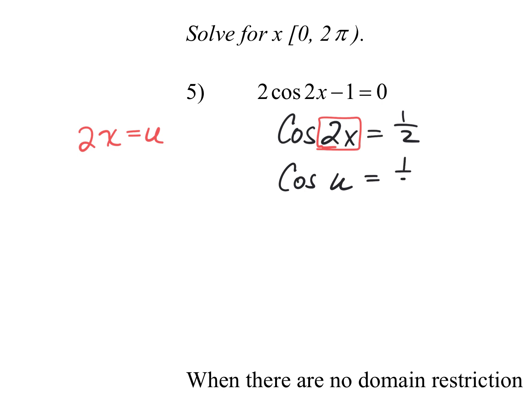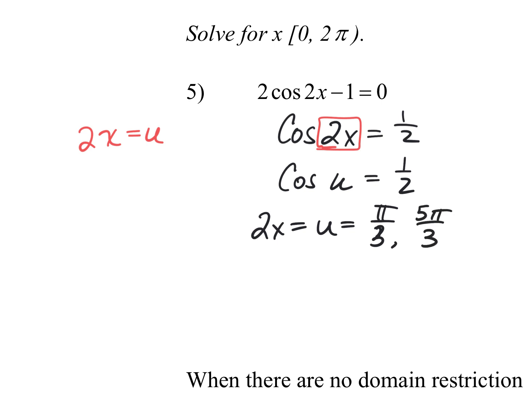Cosine of u equals 1/2. Well, we know where the cosine of u equals 1/2. We know that 2x, or u, equals pi over 3, or 5 pi over 3.